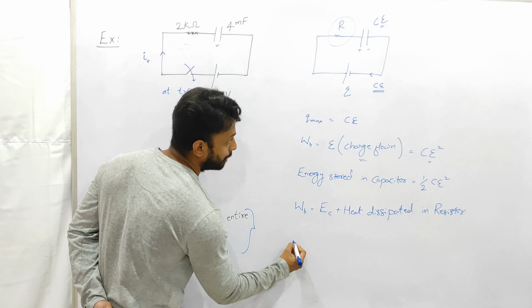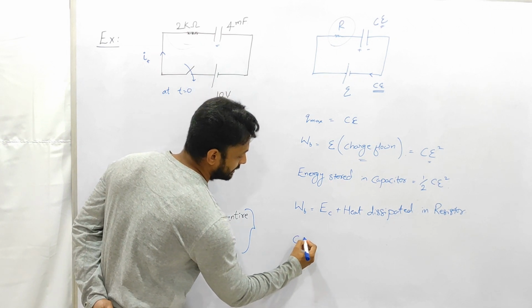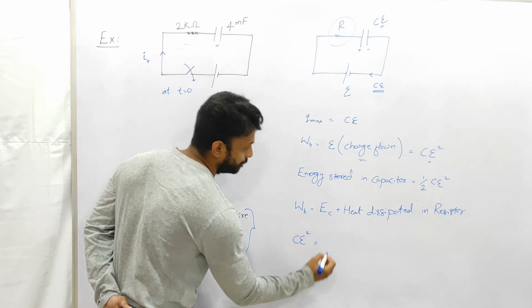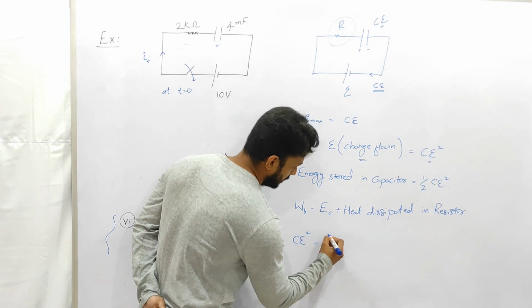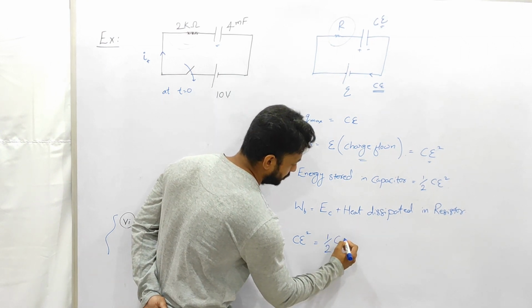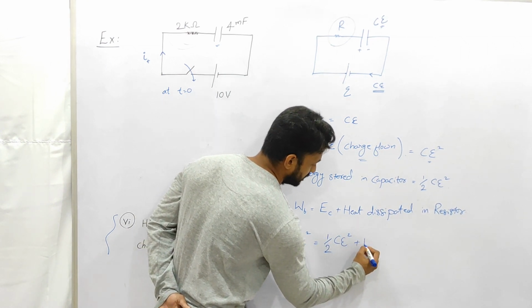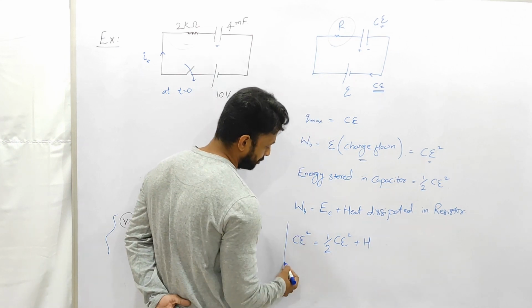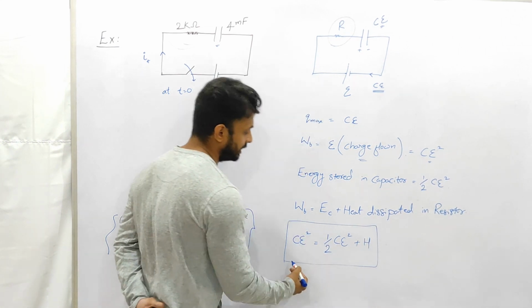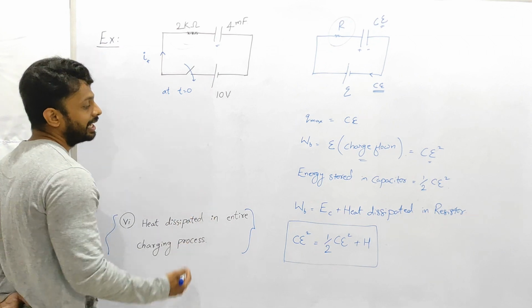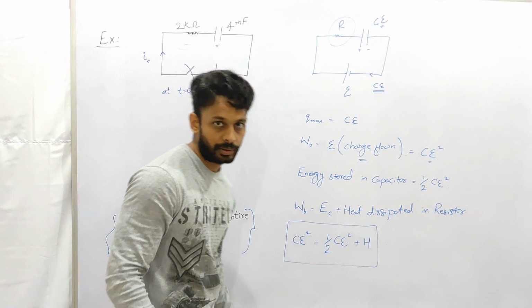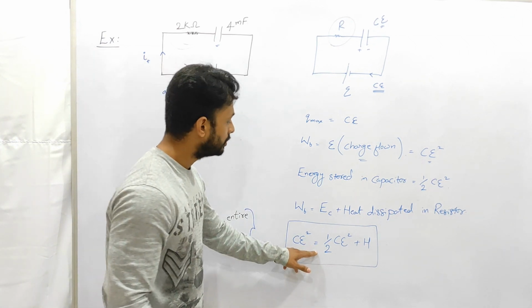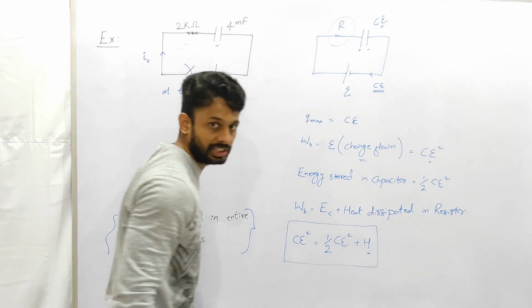The work done by the battery, we know how much it is: CE square is equal to the energy stored in the capacitor, half CE square, plus heat dissipated. From this we get the heat dissipated in the resistor as half times CE square.